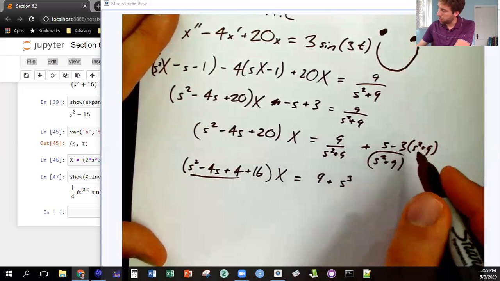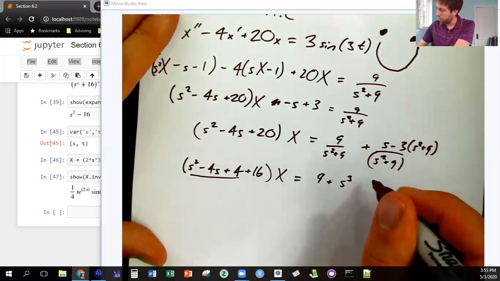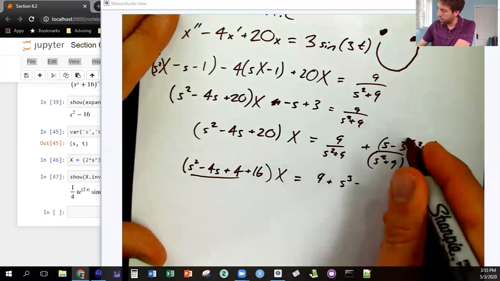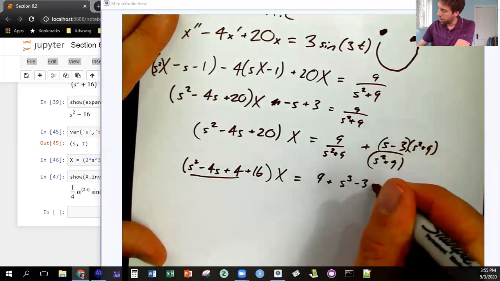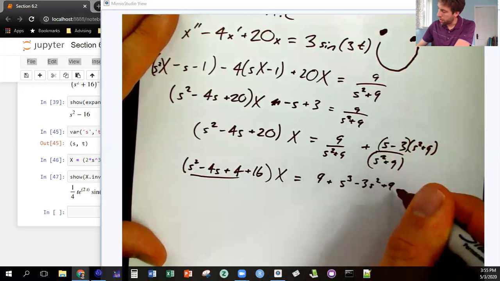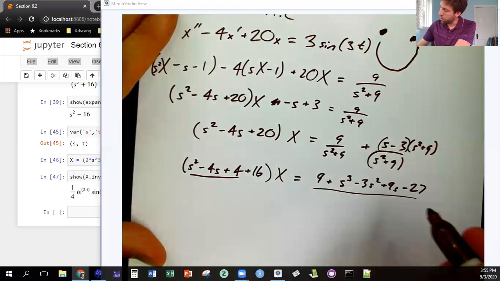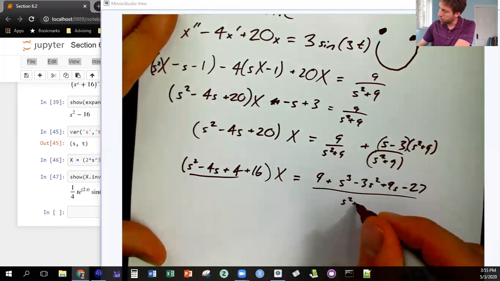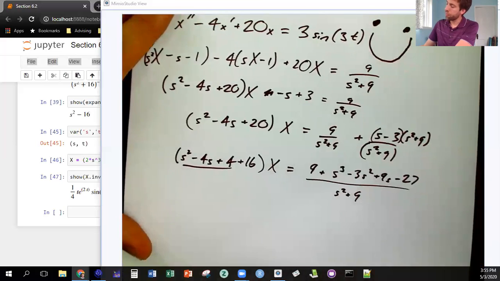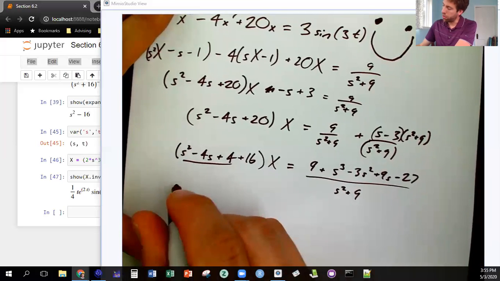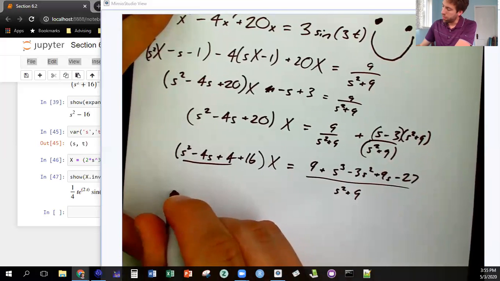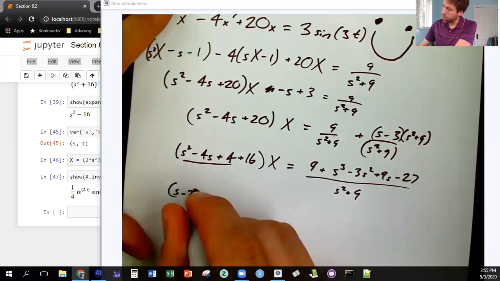How many s squareds? Negative 3. Parentheses there. Minus 3s squared plus 9s minus 27 all over s squared plus 9. Okay. So then we have s minus 2 squared.